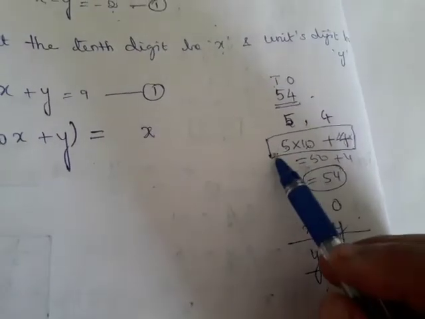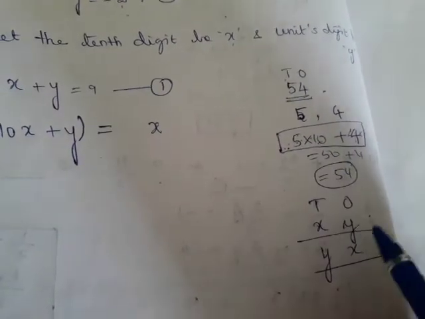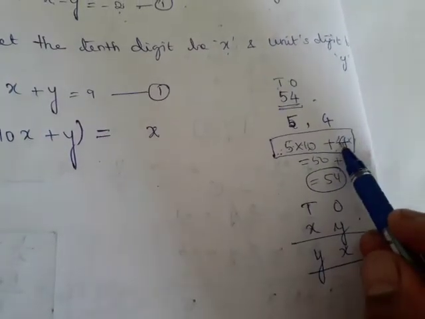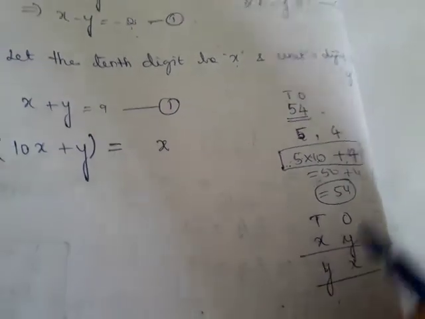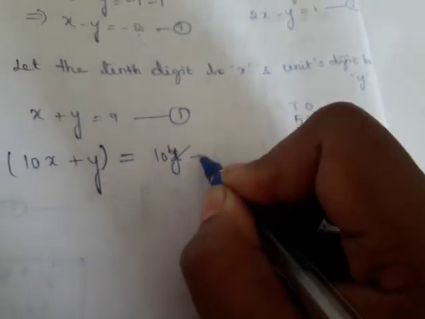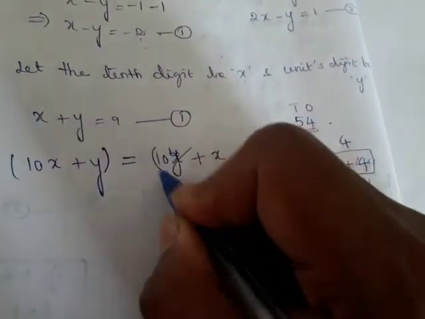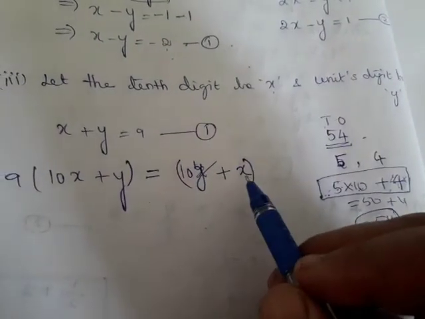But our method is to multiply the tens place digit with 10 and the ones place digit with 1 to get our number, right? Now our tens place digit is y. So this will become 10y plus x, your number obtained after reversing the digits, right?